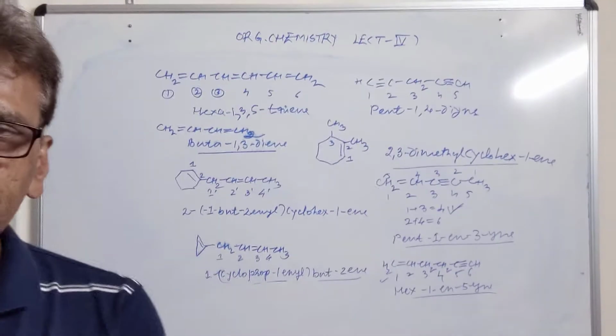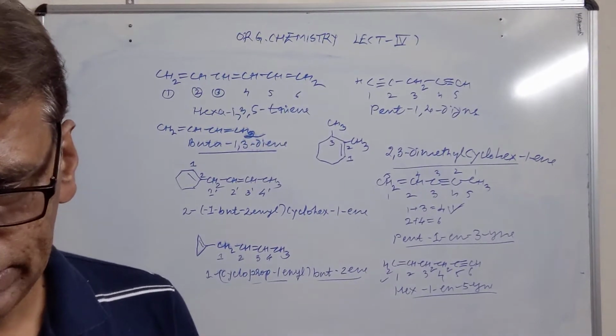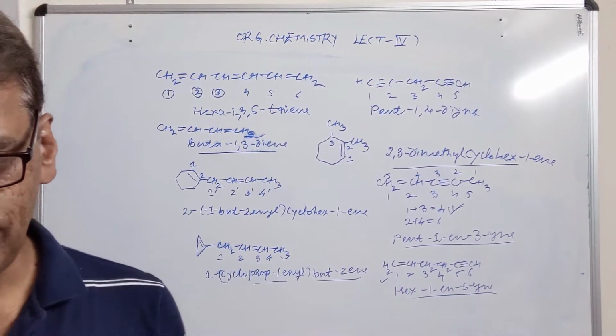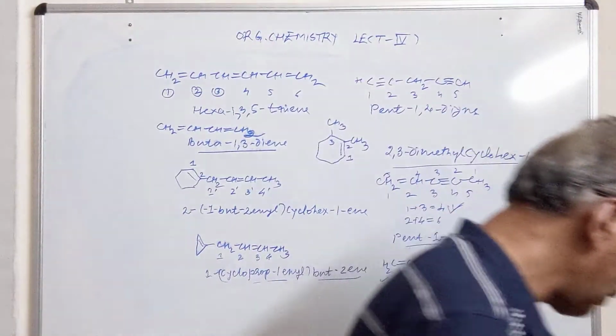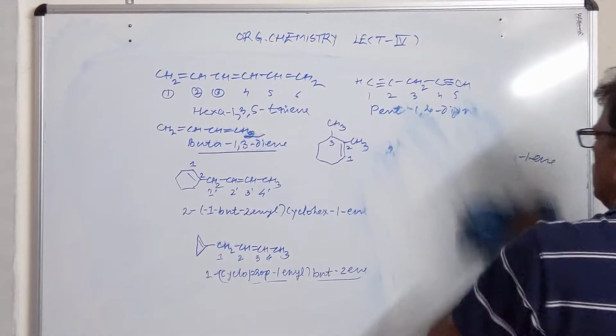So after doing the unsaturated systems, simple and mixed, now we shift to the compounds which are having a functional group in the structure. So, naming of the compounds having a functional group.